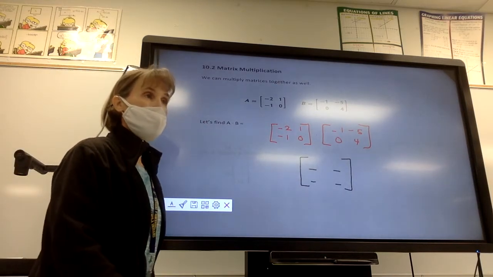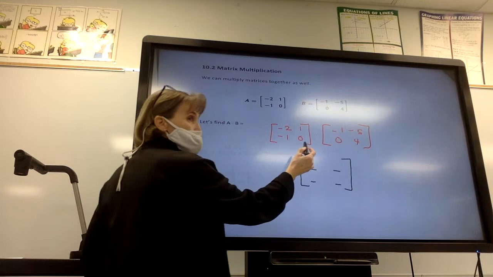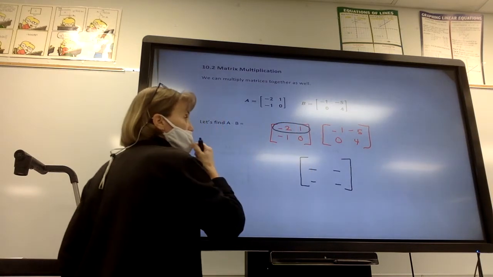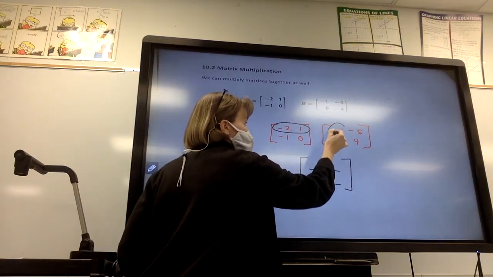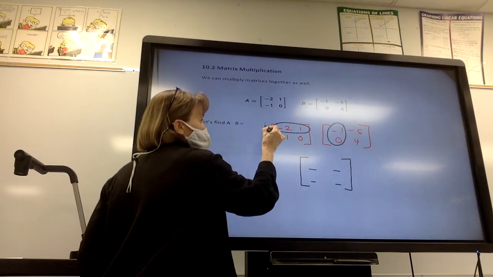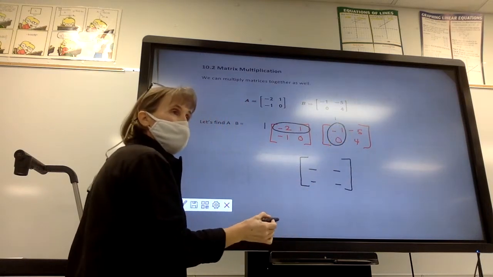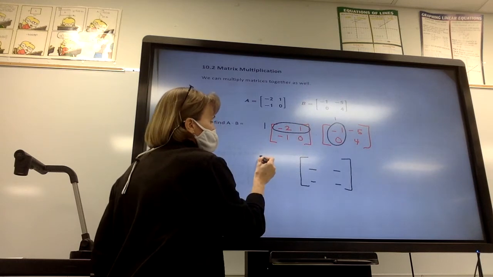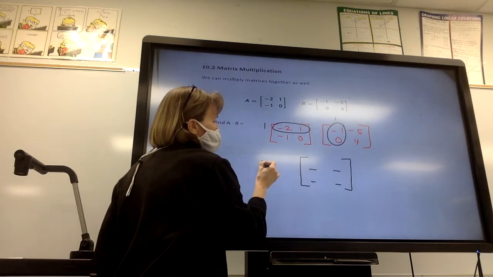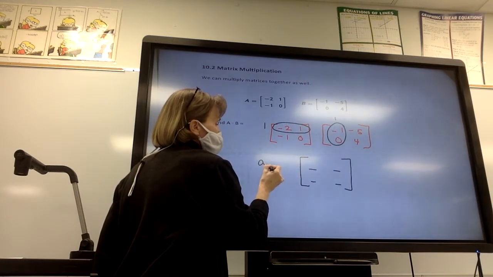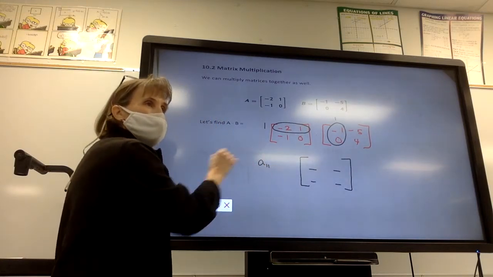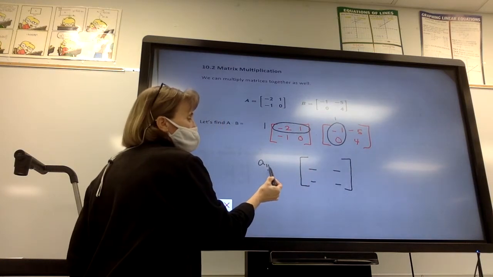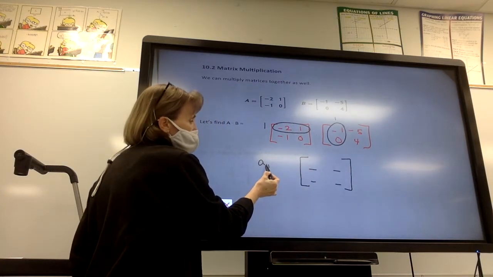Okay, here's how we multiply. Bailey, you're going to want to watch this. Here's how we multiply. We start with a row, take a row out of the first one, and we're going to multiply it times the first column. Okay, so this is row 1, and this is column 1. Since I'm doing first row, first column, I'm going to get the answer for the element that goes in the first row, first column.